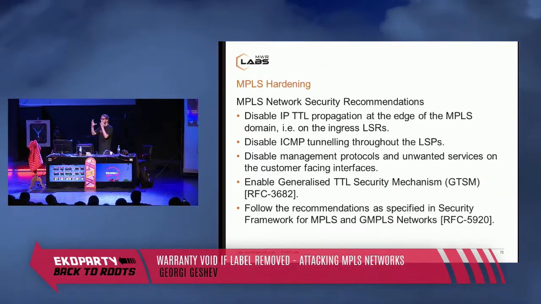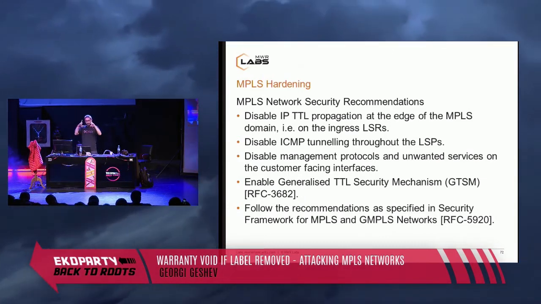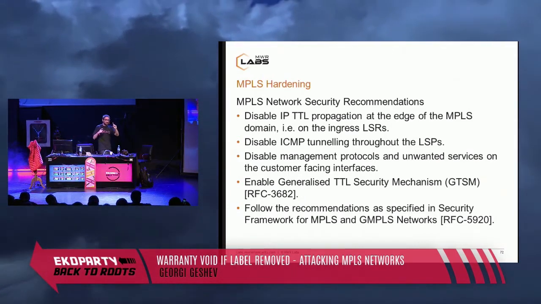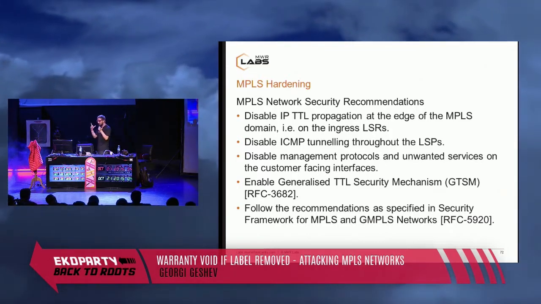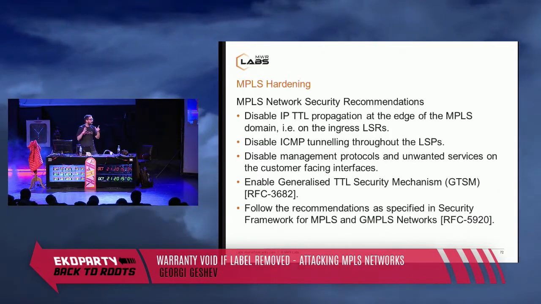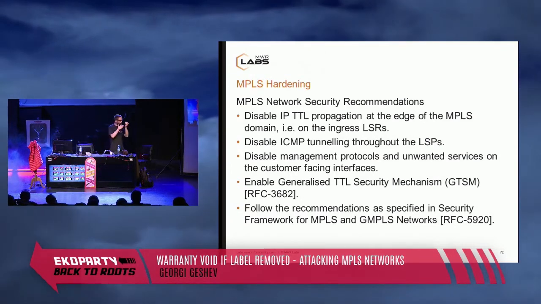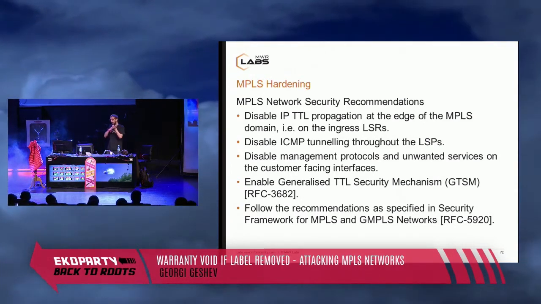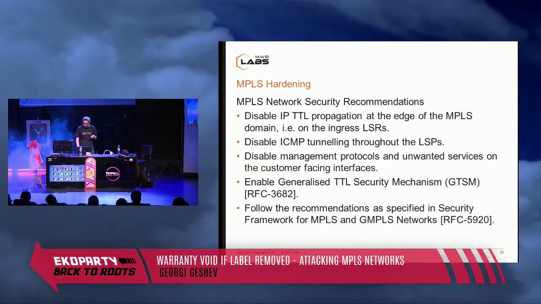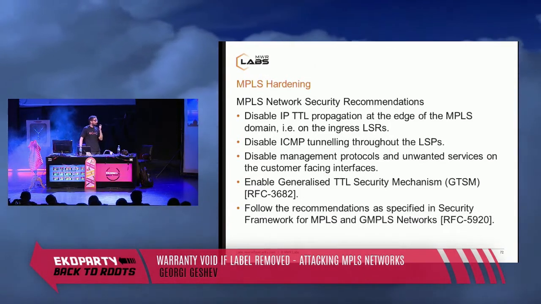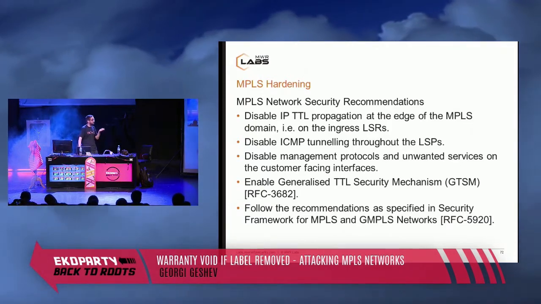So basically, you can make an assumption about the range of your network. If the TTL being processed is outside of the range of your assumption, you can safely discard a message solely based on the TTL value. And it's probably a good idea to follow the recommendations in the security MPLS RFC.